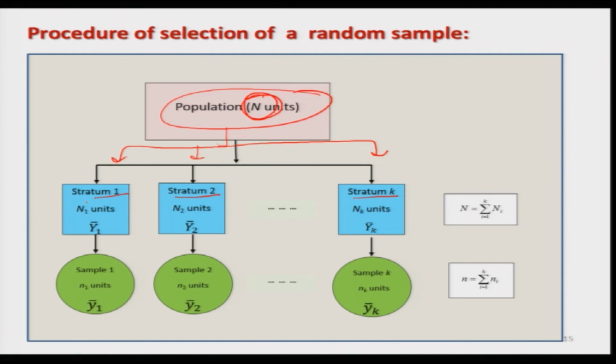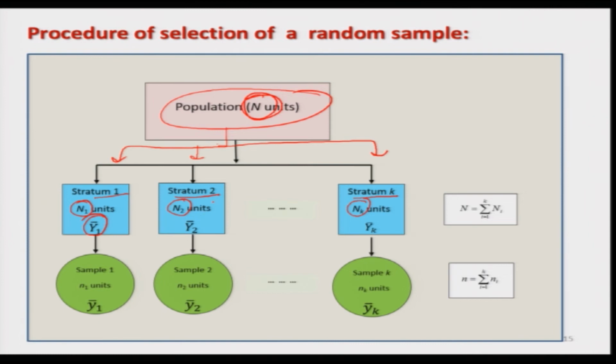Suppose stratum 1 has capital N1 units, stratum 2 has capital N2 units, stratum k has Nk units. And suppose the sampling units present in stratum number 1 have a population mean within that stratum, which is denoted as capital Y1 bar.